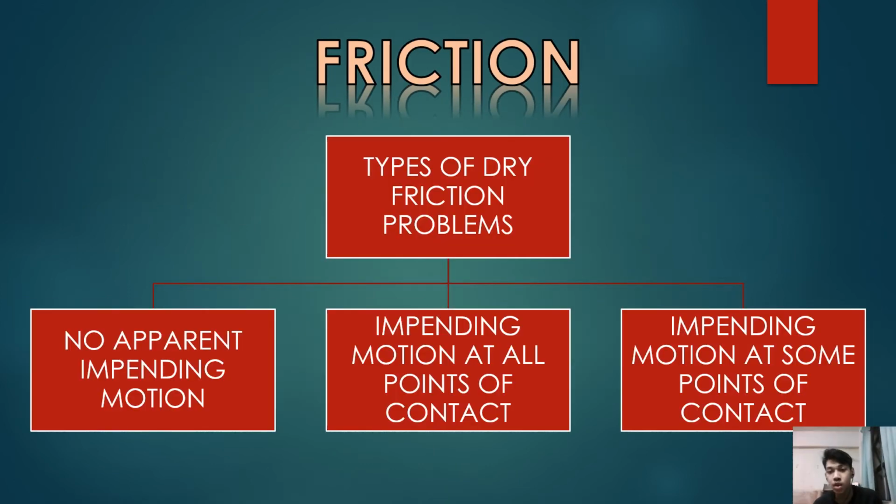So next we are going to analyze the types of dry friction problems that we have. Basically we have three types of dry friction problems. The first one is no apparent impending motion, the second one is impending motion at all points of contact, and the third one is impending motion at some points of contact.